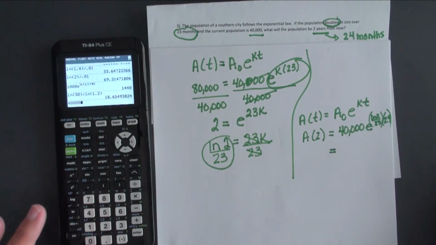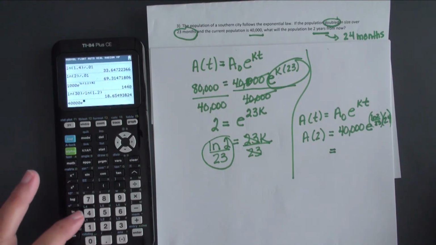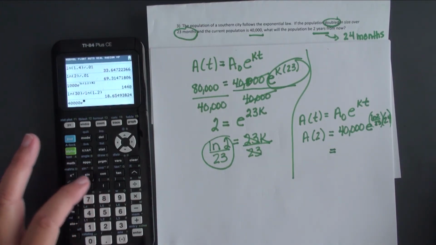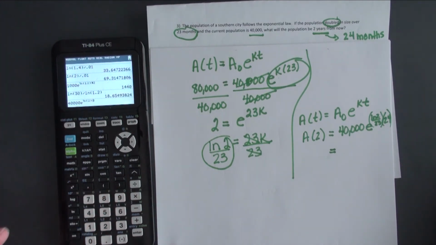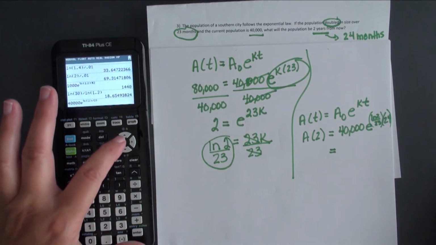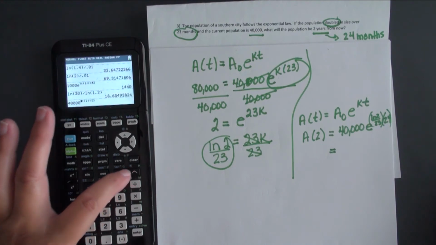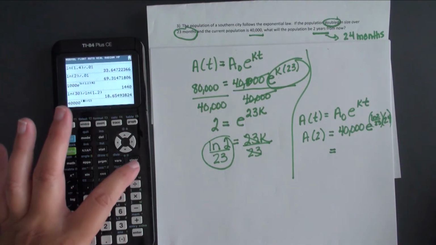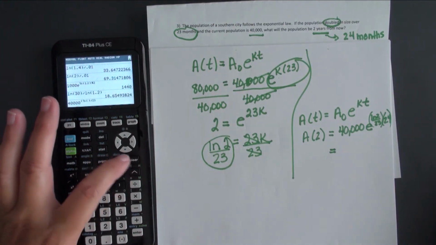40,000 times e to the natural log of 2, put a parenthesis after the 2, divided by 23. And actually I'm going to go back and put a parenthesis in front of the natural log of 2. So natural log, let me just clear that all out.